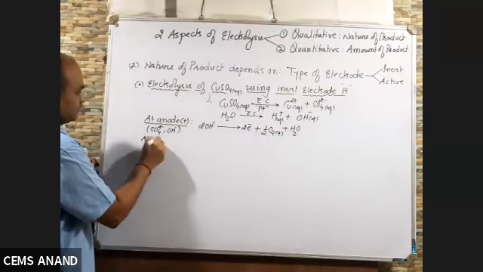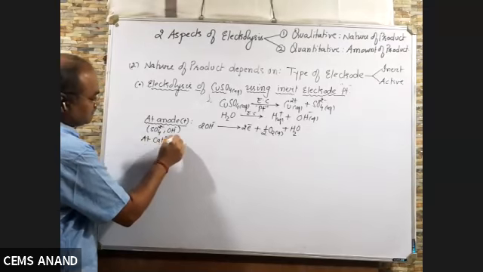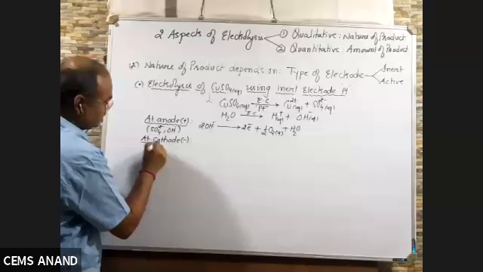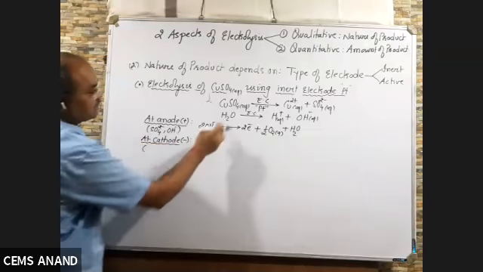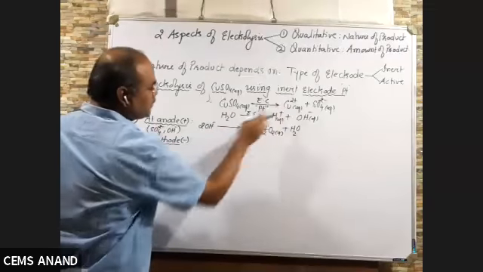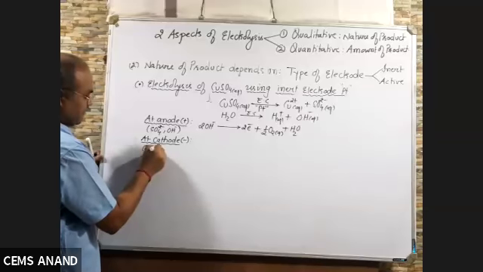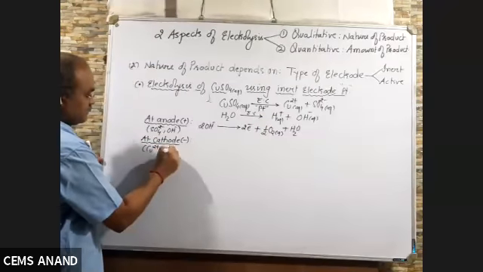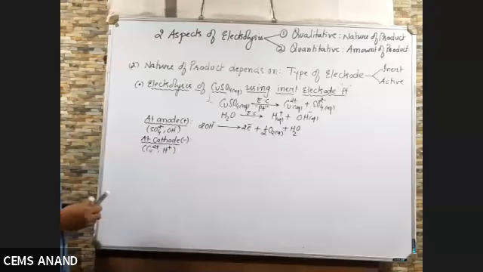At the cathode, the cathode is negative. Again here, Cu2+ is attracted and H+ is attracted, right?